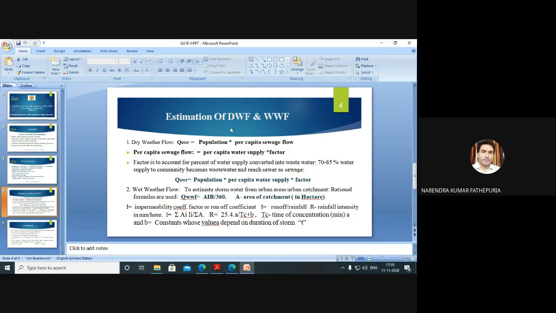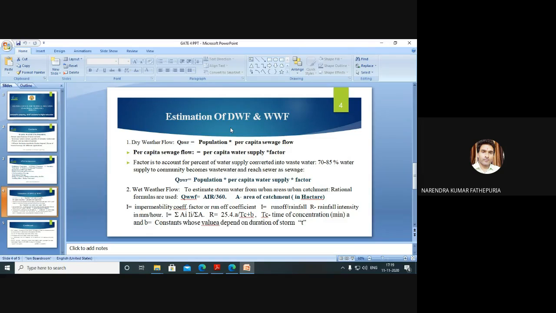So there is dry weather flow here, in the non-peak, non-monsoon season, where storm water is not there. In India, we have 4 months of monsoon season, and the remaining months are non-monsoon. And we have wet weather flow, which is actually storm water flow, and we have to manage both.